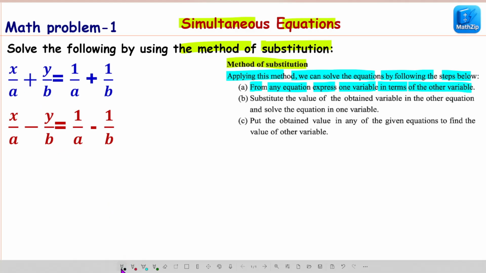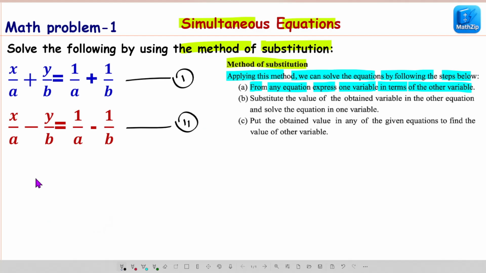So first we consider two equations. One is x by a plus y by b equals 1 by a plus 1 by b. We mention this as equation 1, and x by a minus y by b equals 1 by a minus 1 by b is equation 2.